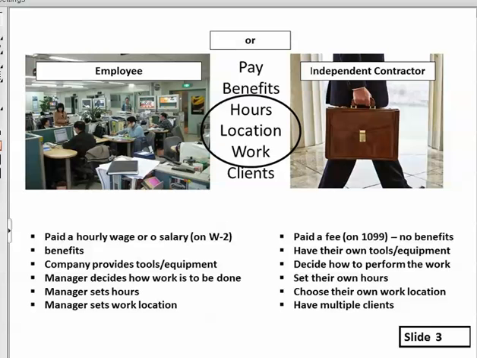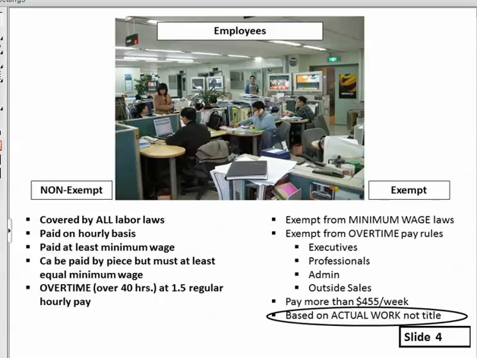And also, normally, who provides the tools or the equipment for the job. So, we spent some time looking at that. And there are certain cases where you'd want to use a contractor and other cases where you'd only want to use an employee.